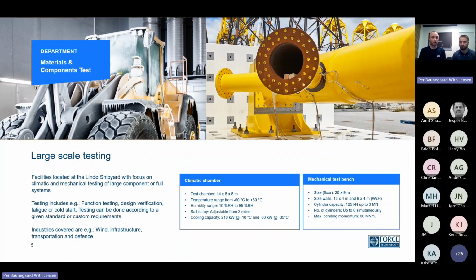We can do design verification tests, many different things. We can have up to 6 actuators running at the same time, hydraulic actuators. And the industries that we cover in these 2 facilities are primarily wind, infrastructure, transportation, and defense. More and more defense these past few years. So that's my department.